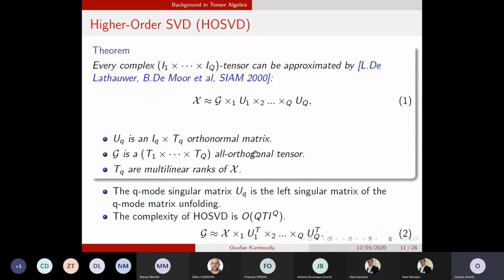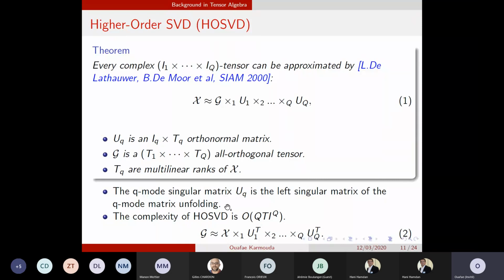In order to compute this higher-order singular value decomposition, each matrix UQ can be found by computing the left singular matrix of the Q-mode matrix unfolding. So we need to compute Q singular value decompositions related to each Q-mode matrix unfolding. These matrices are of size IQ, and the second dimension is the product of all the remaining dimensions.